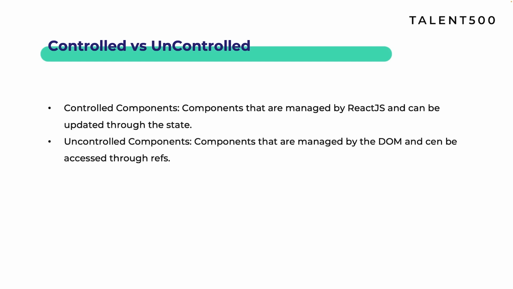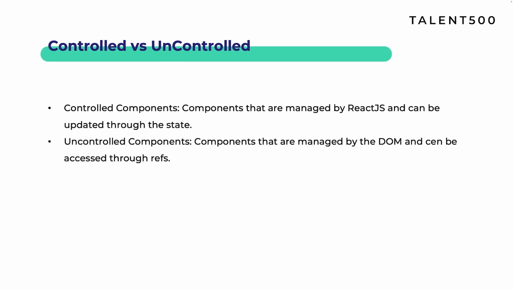But in terms of uncontrolled components, you update the DOM directly. You need to have a reference of those DOM elements in your React component so that you can play with them. For those components, we call them uncontrolled components.